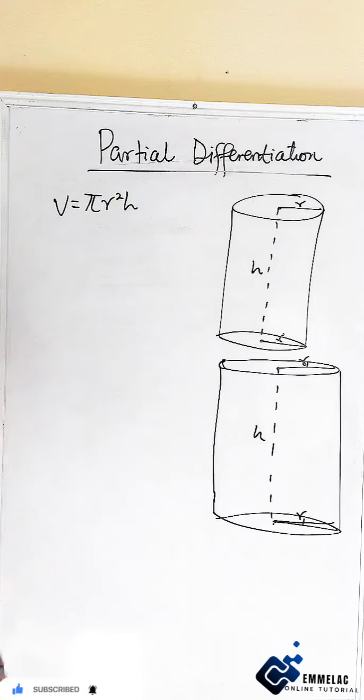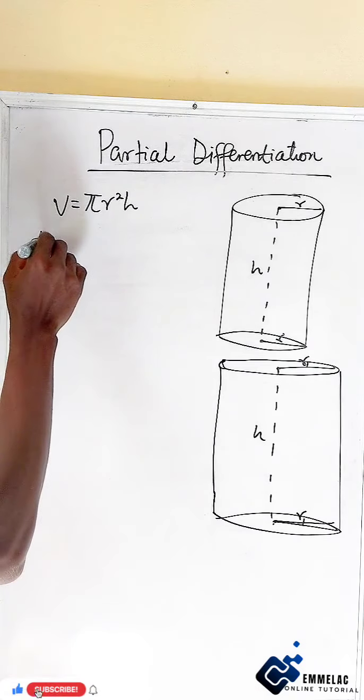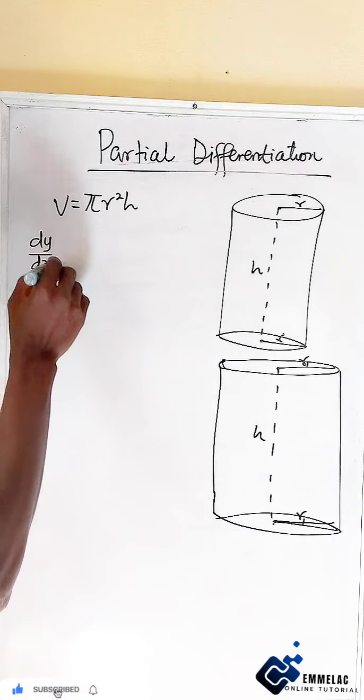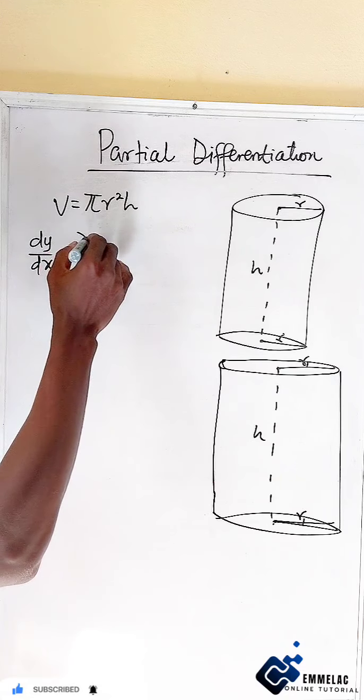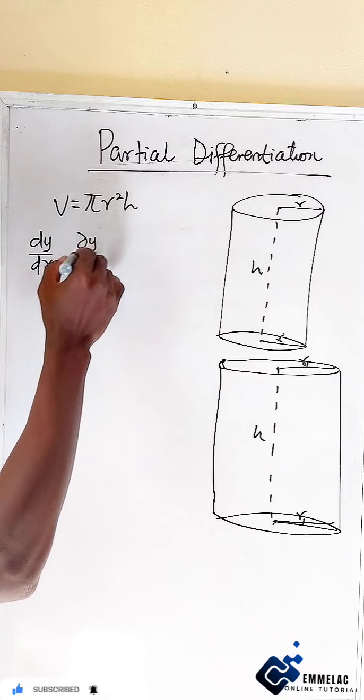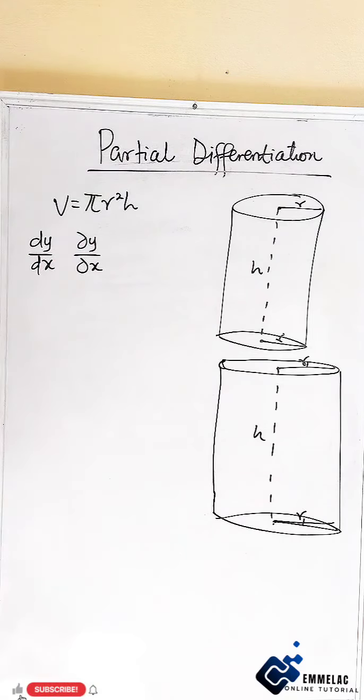Now let us consider this equation, which we can use to explain better what partial differentiation is all about. Let us first take note that the d y by d x is not the same as this curly d y.